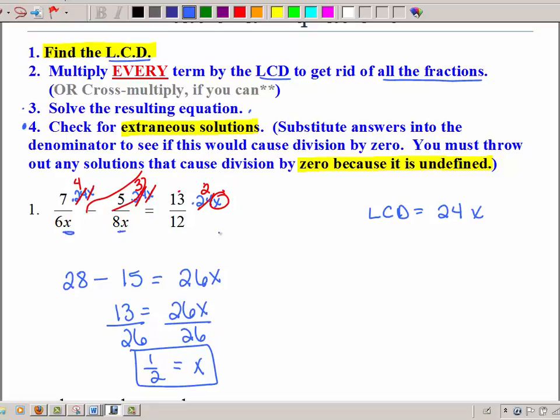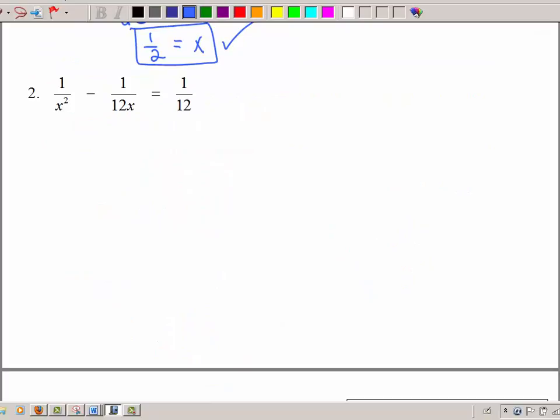Well, if I put 1/2, 6 times 1/2 is not 0, and that's all you need to know. If I put in 1/2 here, 8 times 1/2 is not 0. There's no x here, so that's an okay answer. It is not extraneous. Let's look at the second example.